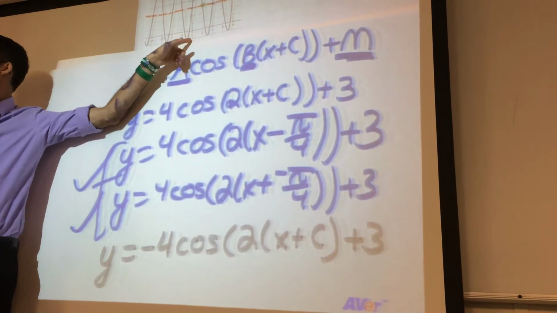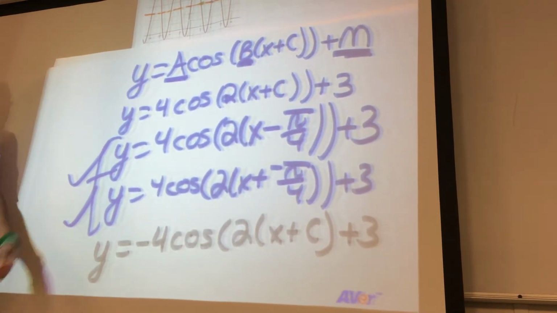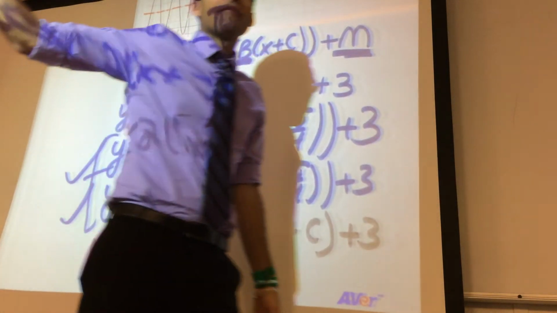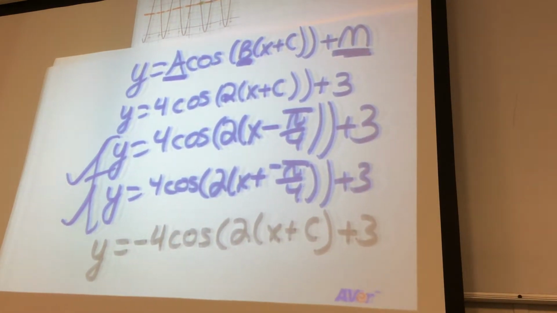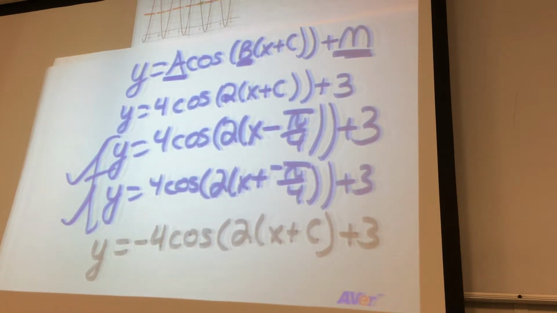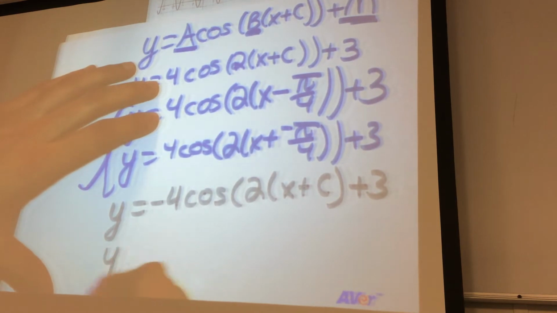But it's not. Somehow the graph has shifted right. And how much have we gone right by? Somewhere between pi over 2 and pi. What's halfway between pi over 2 and pi? 3 pi over 4. Dang it! Halfway between 90 and 180 is 135. I got 2 pi over 4. That was close. All right, so our final answer.